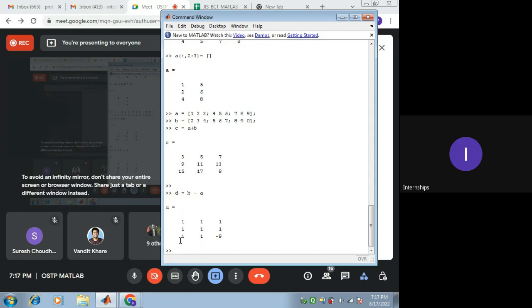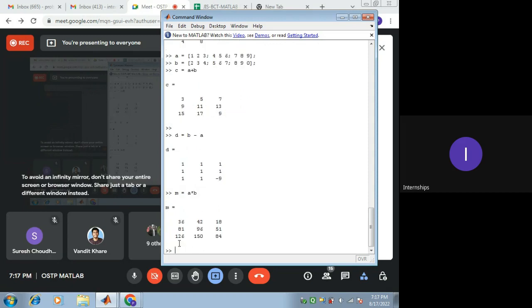And if we want to multiply these two, that is matrix multiplication, A times B is a row to its column. This is matrix multiplication. I think you know how to multiply two matrices. I think everyone should know.